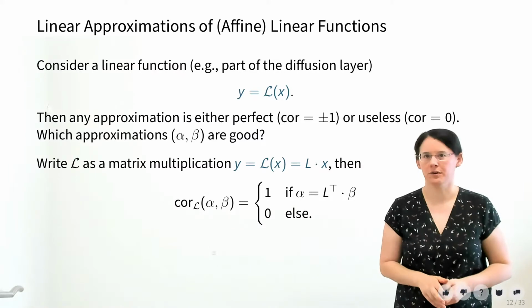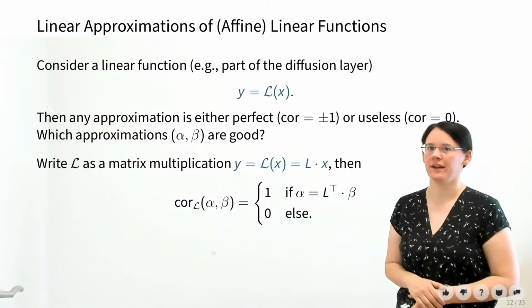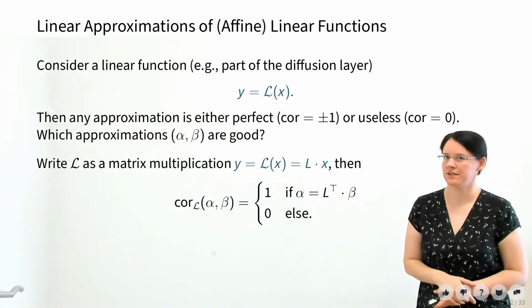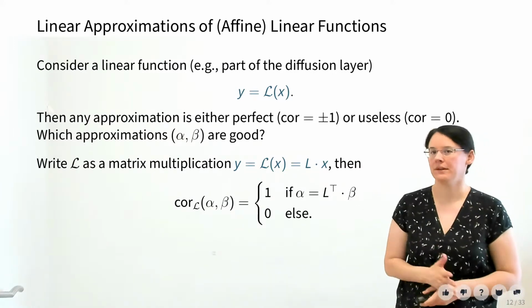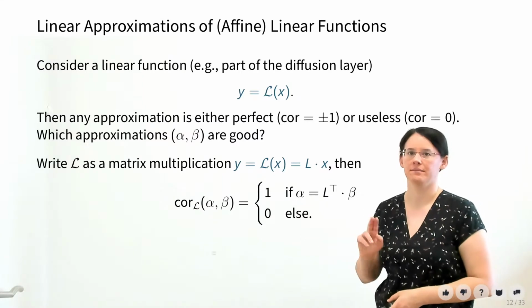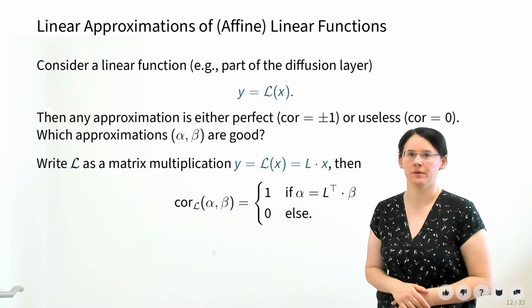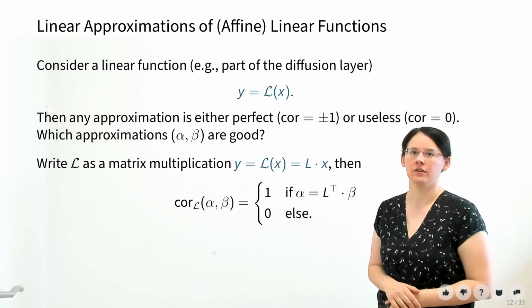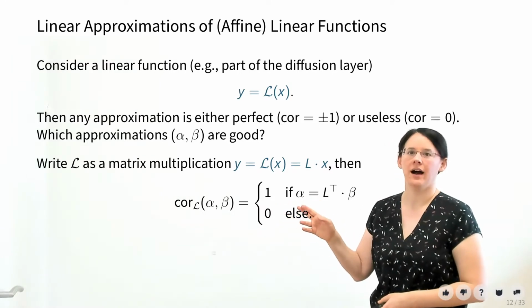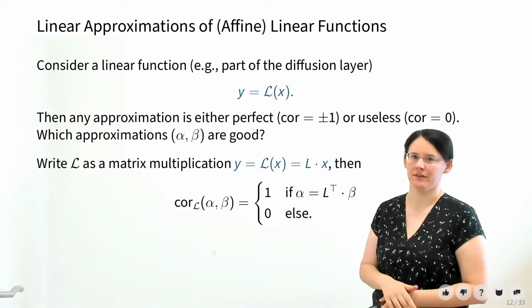So which ones are now the good approximations, or how do I find them? The easiest way to do that is to write down the linear function that we're looking at as a matrix multiplication, just like mixed columns, but a bitwise function. And if we then look at any pair of masks alpha and beta, so at any one linear approximation, then the correlation of these two is 1 if and only if alpha is the same as the transposed matrix times beta.